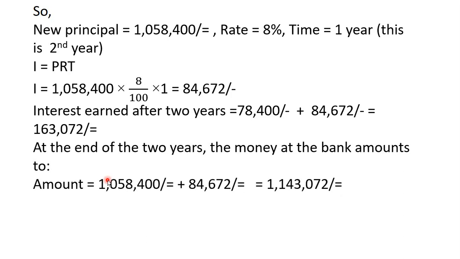And when we add that, because remember, this is the amount after the first year, this is the interest in the second year, the amount after the 2 years is going to be given as 1,143,072 shillings. So that's how you can work out that amount.